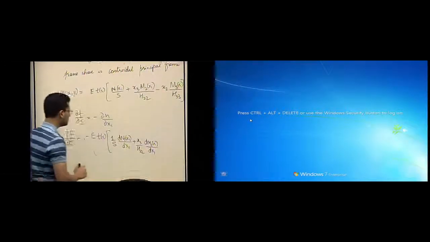So I have n1 which depends on x1, so it becomes 1 over s dn1 x1 over dx1. x3 doesn't depend on x1, it just depends on s, so x3 remains the same, h22 doesn't change, and dm2 x1 with respect to x1. And I'm differentiating the third term, so it becomes minus x2 dm3 x1 over dx1, and then I have h33.